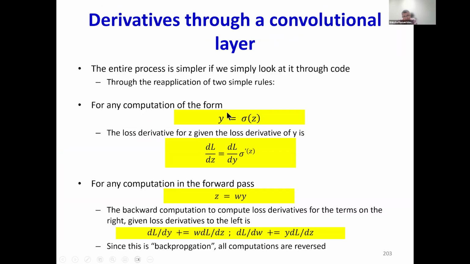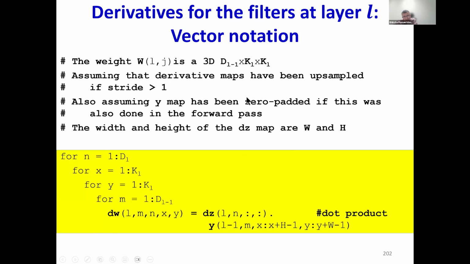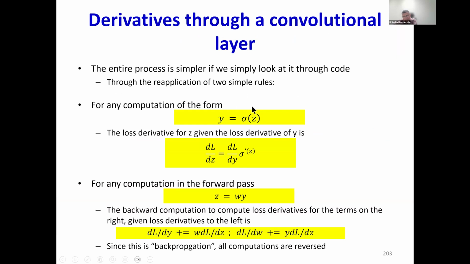So I have the pseudocode for it. So we've seen the derivatives for both the filter and the input channels, right? It turns out that if you look at it through the lens of code, it actually looks much simpler.